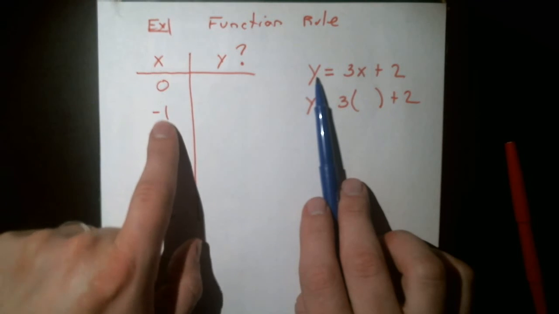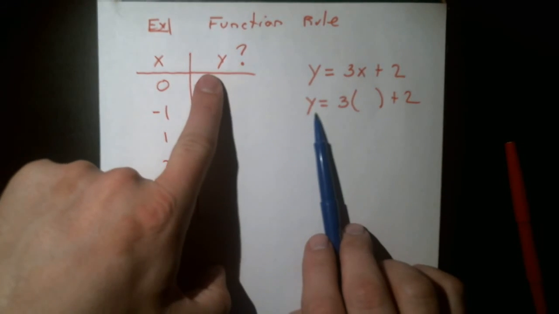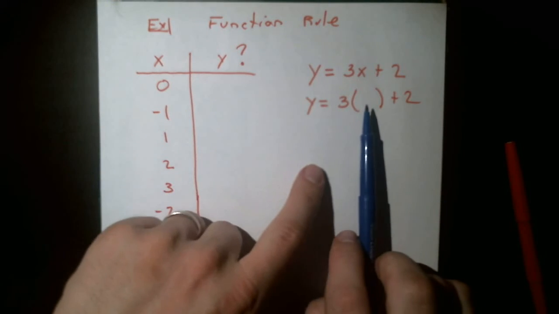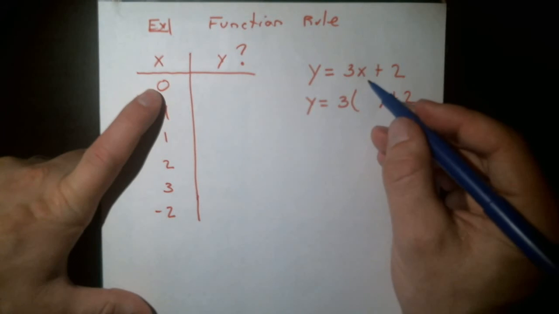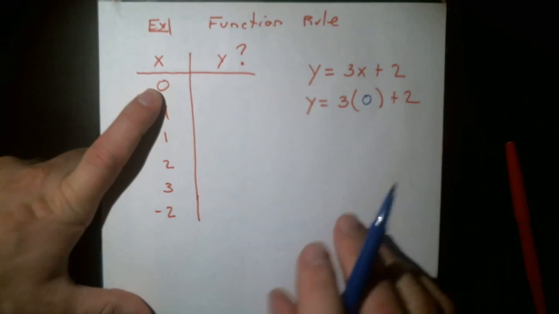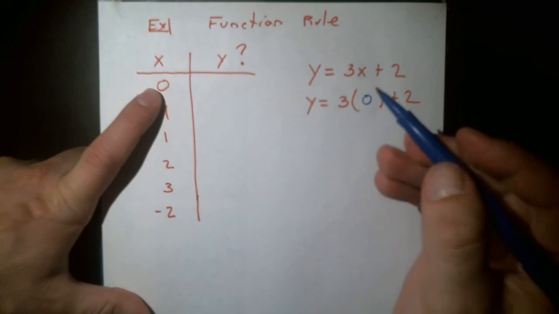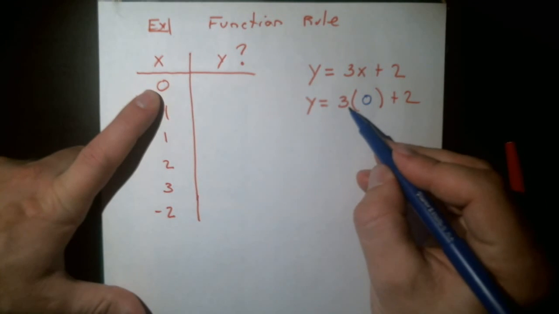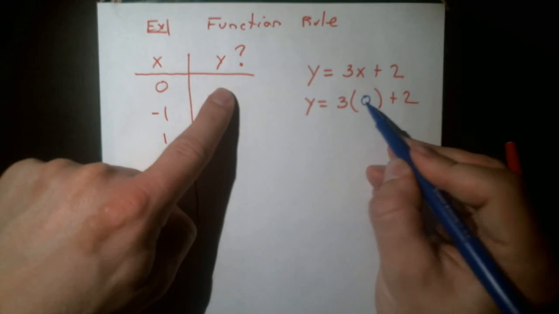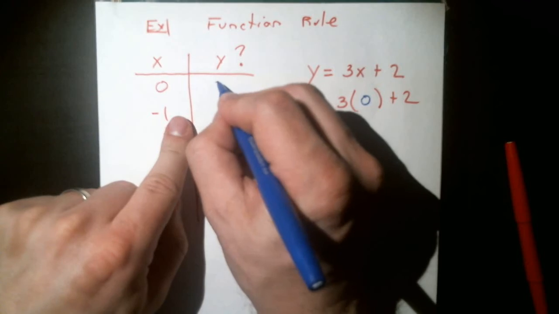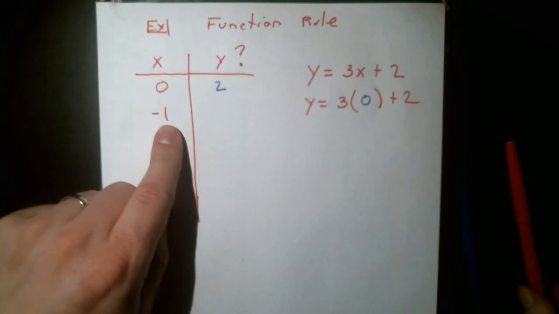The reason I did this is because we're going to take this input and write it there. And now we can do our numbers. What's our output going to be? What's 3 times 0? 0 plus 2. There's your output.